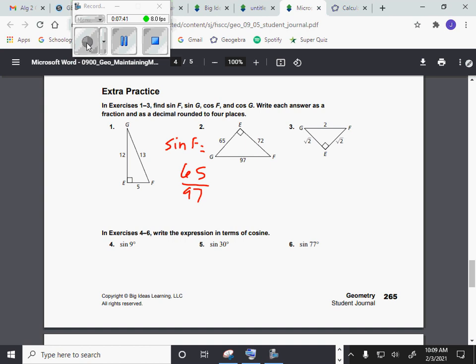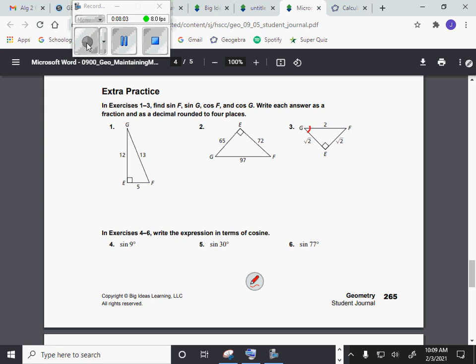How about the sine of g? Remember, we have to go opposite, so 72 over hypotenuse 97. And I can let you do the cosine of those if you'd like. I'll do the cosine of these over here.